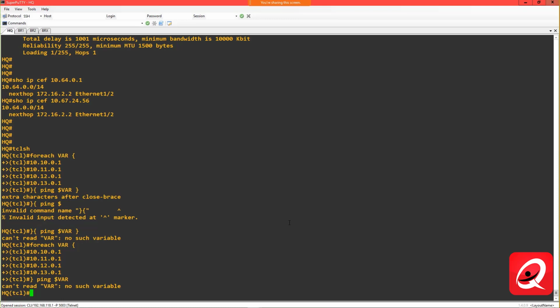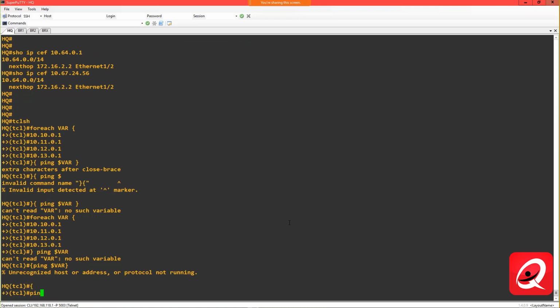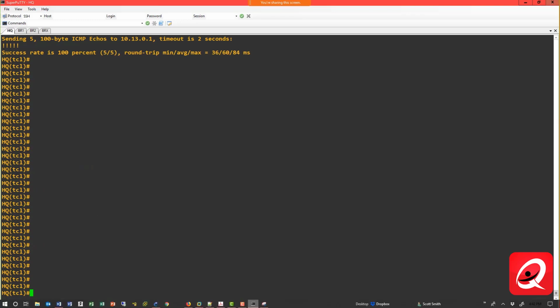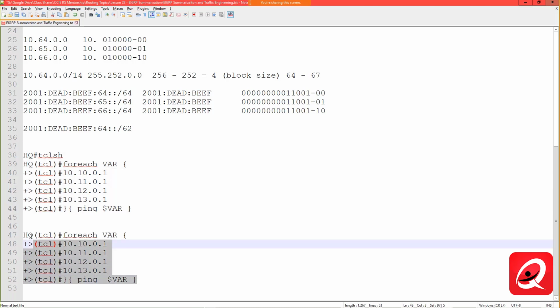Should be right. Missing the dollar sign for the var. No, it's there. Just put the bracket by itself. Oh, you mean like that? And then do ping $var? Why isn't it working? So I'm not sure why it didn't work. This was what I typed originally, and this is what I put in to make it work.